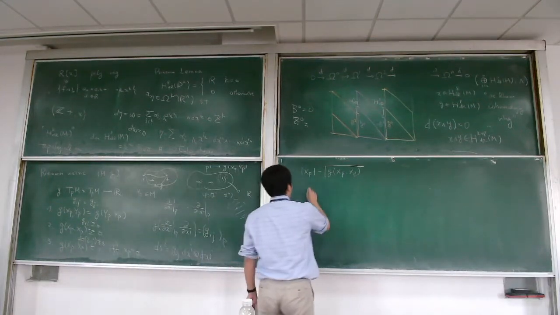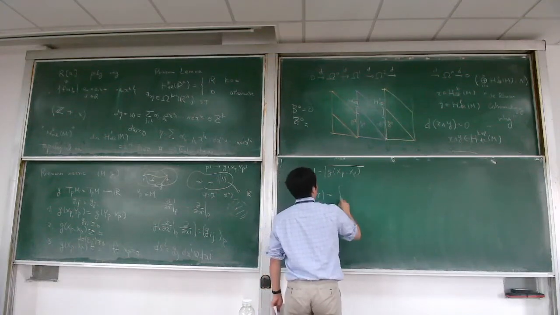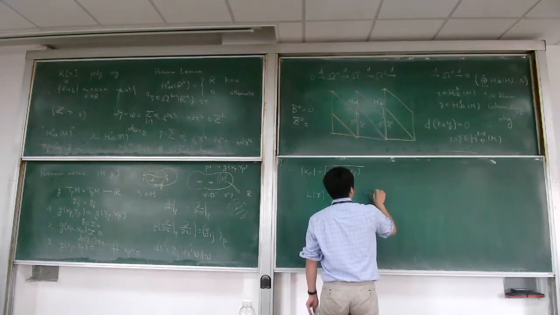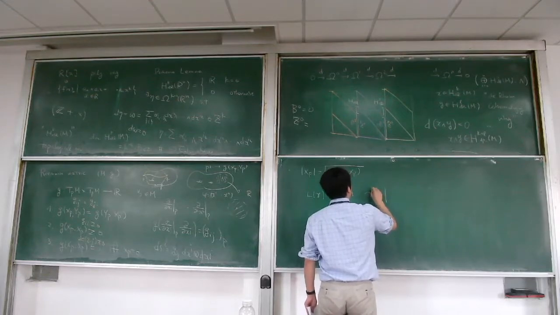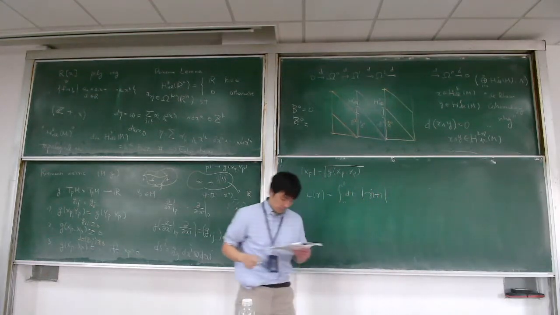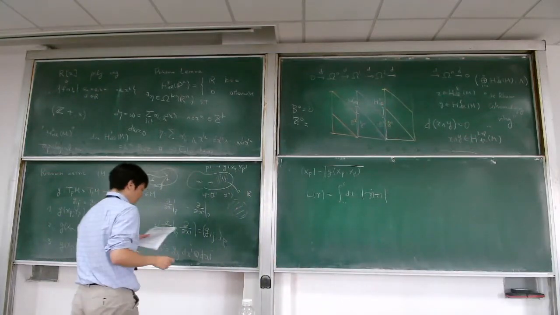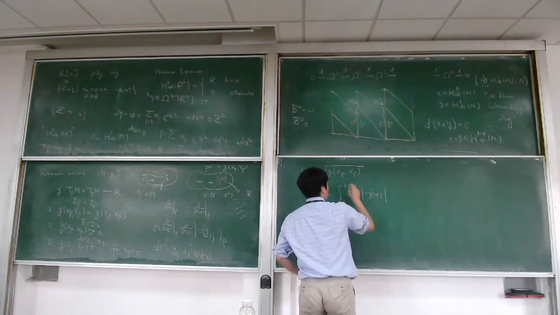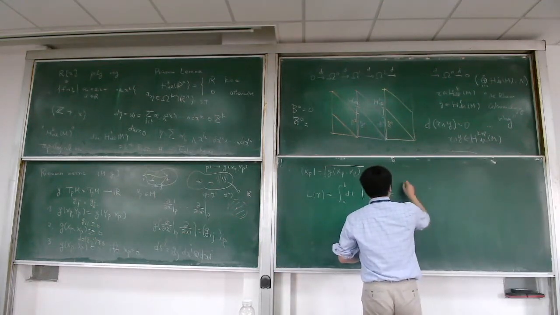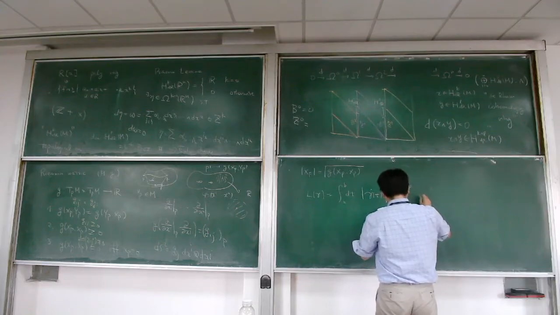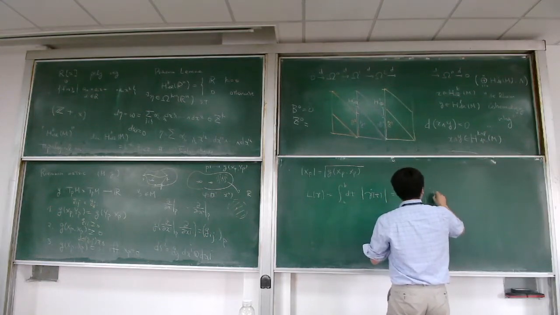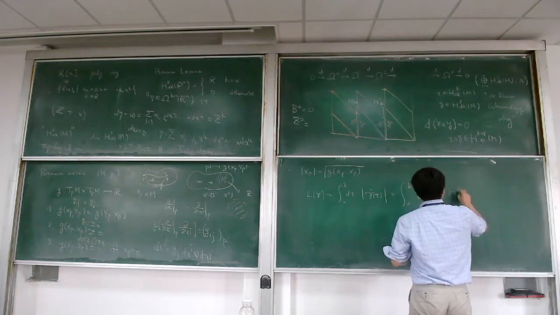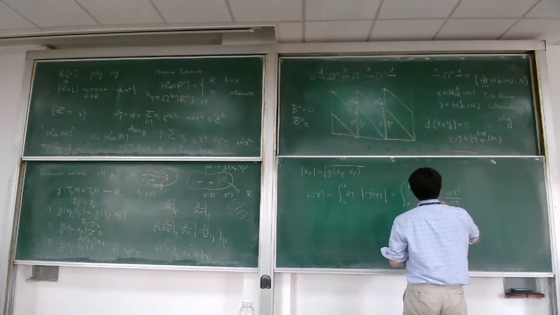So the length of gamma is the integral dt from 0 to 1, or maybe A to B, of the norm of gamma dot t. Physicists usually write it this way.